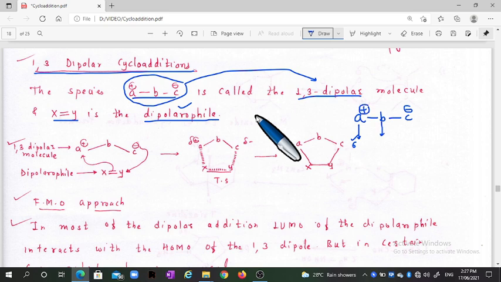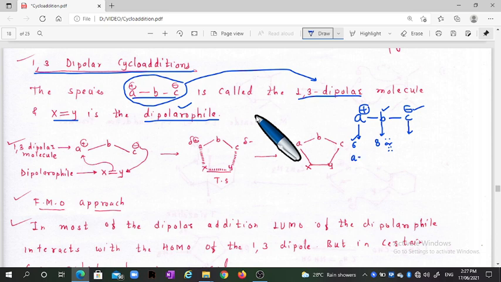B has its octet complete, and at least one lone pair or two lone pairs are present on the B. C also has its octet completed, and it is having the minus charge.